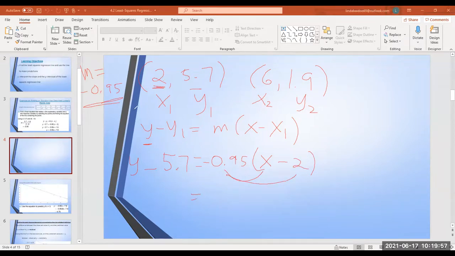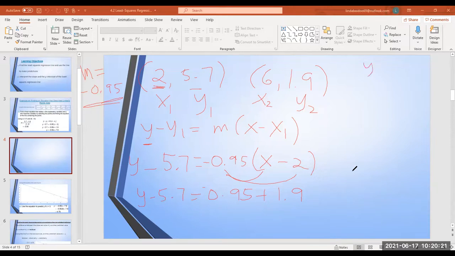So when we distribute negative 0.95 on x, it means we are multiplying. So that will give us negative 0.95. And then when we multiply this by that, negative and negative becomes positive. And when you multiply this by that, you get 1.9. On this side, I'm left with y minus 5.7.